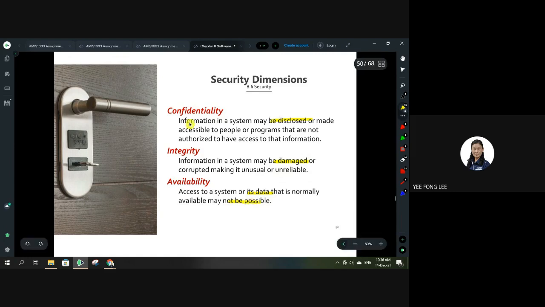These 3 dimensions are closely related. If an attack makes the system unavailable, then we might not be able to update information on time, which means the integrity of the system may be compromised.